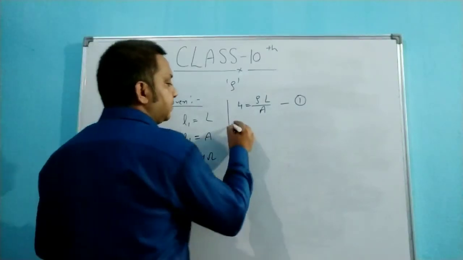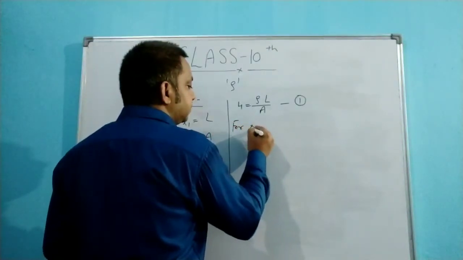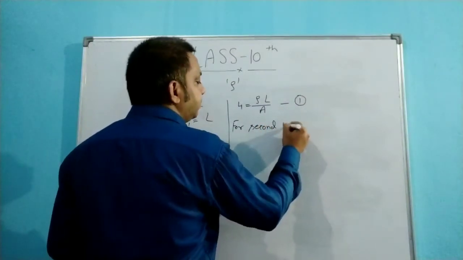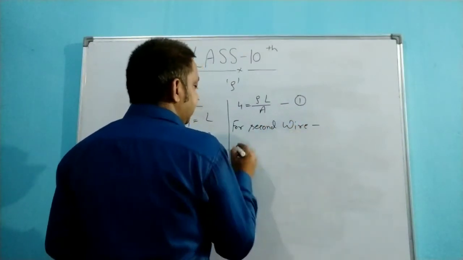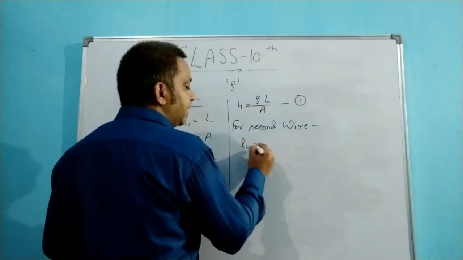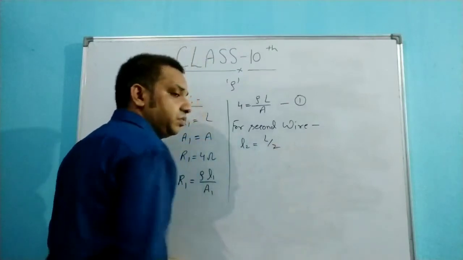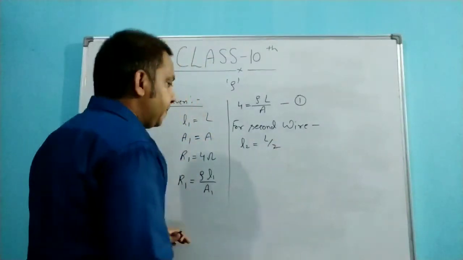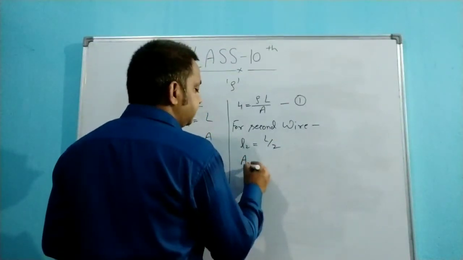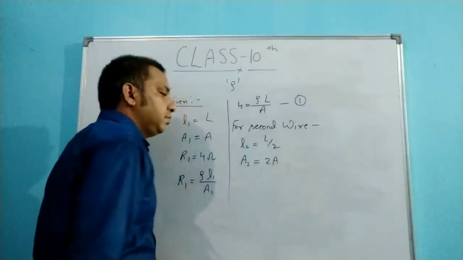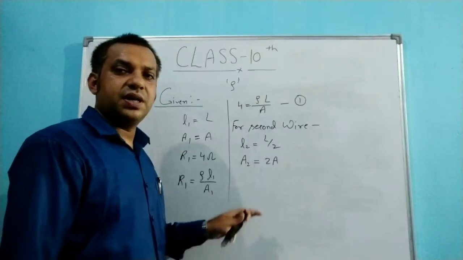Now for the second case, the second wire, just see the length. I am writing L2. L2 this time becomes half, L by 2. It is given in the question. And the area of cross section, A2, becomes 2A. And our aim is to find R2.